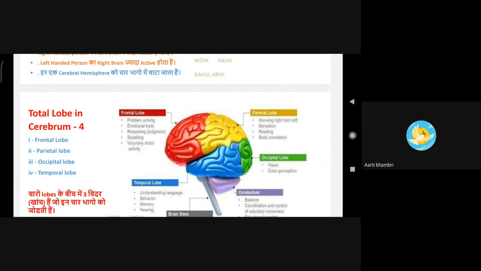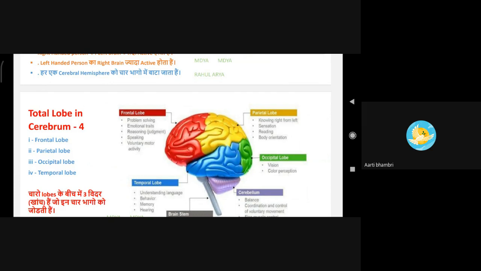Yes, very good. Now which bone is of which number? Is frontal a single bone or divided into two? Frontal is single. And which bones have two parts? Parietal and temporal. Yes, very good.